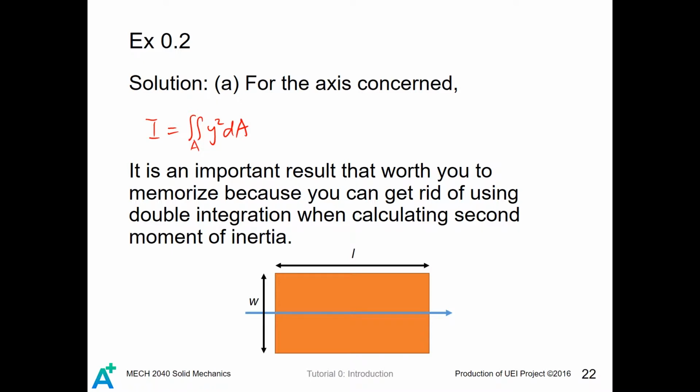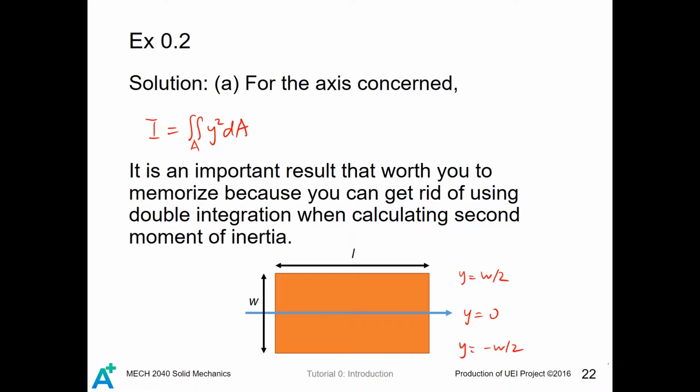Then, for this moment of inertia, how to evaluate? Since it is talking about the vertical direction, treat y equals 0 for this axis, then the upper limit will become y equals w over 2, and the lower limit is minus w over 2.